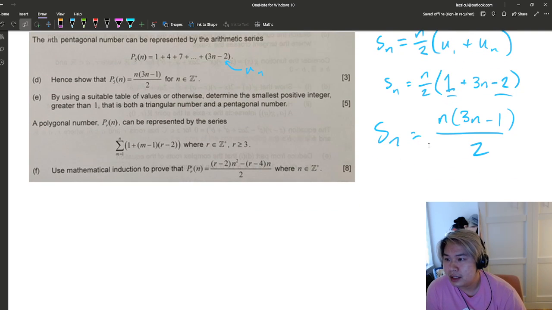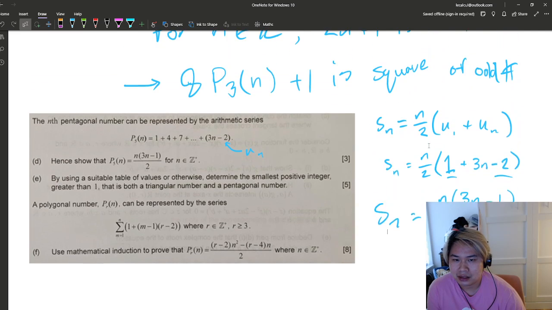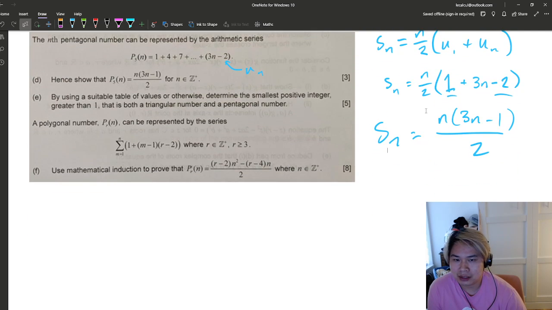Okay. By using a suitable table of values or otherwise, determine the smallest positive integer greater than 1 that is both a triangular number and a pentagonal number. So we want to find out when this is also going to be a triangular number.